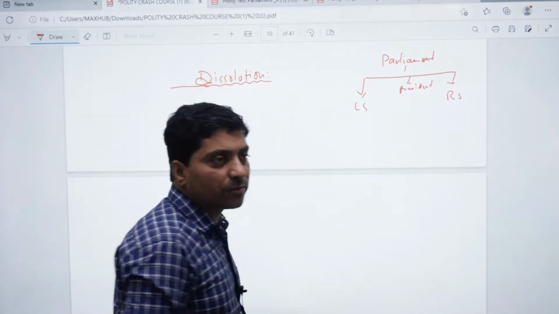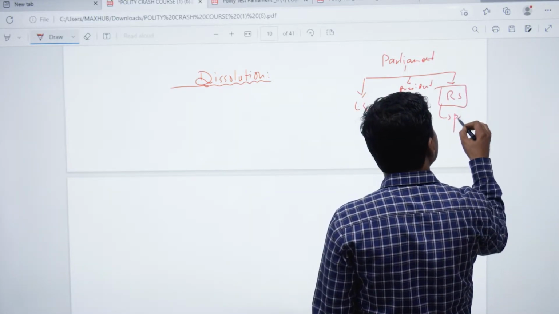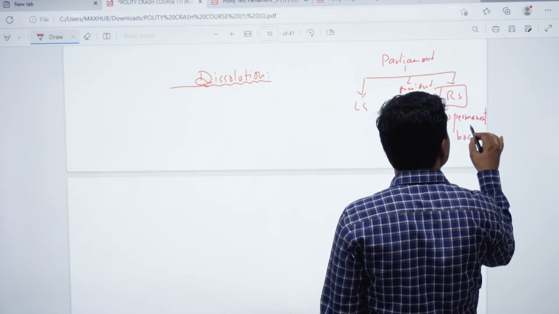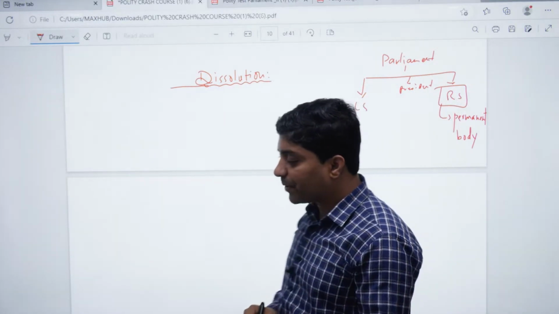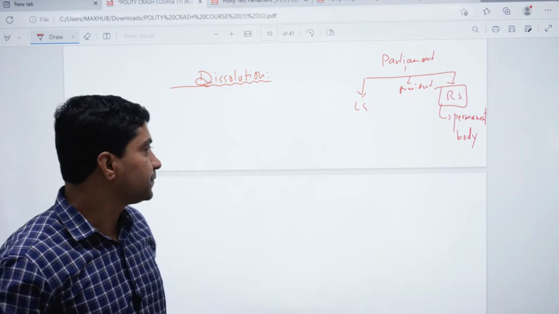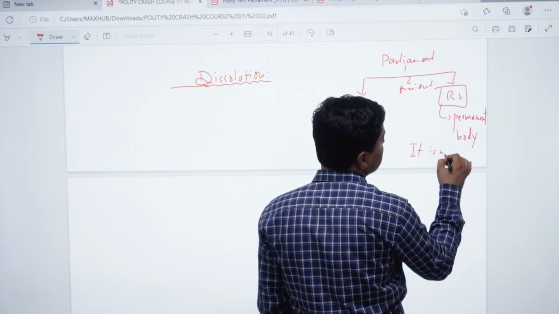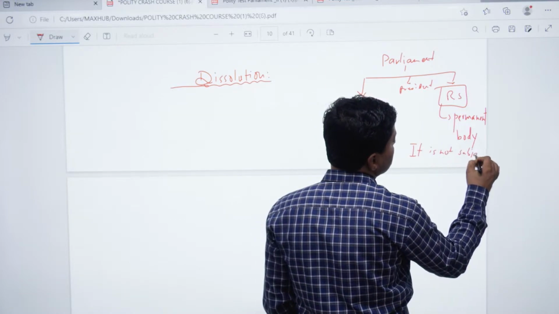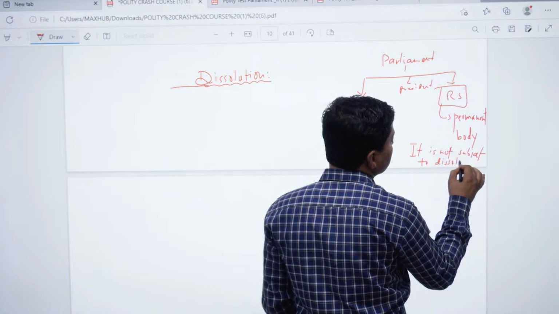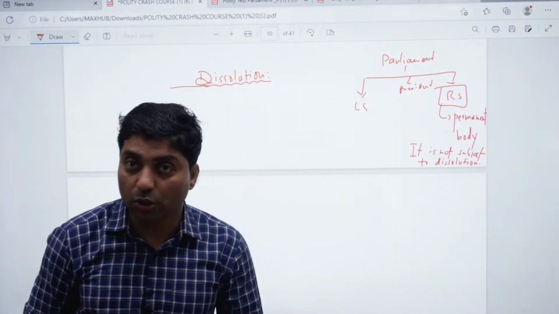Rajya Sabha is a permanent body. It means it is not subject to dissolution. But what about the Lok Sabha?